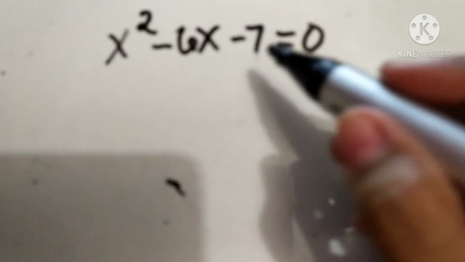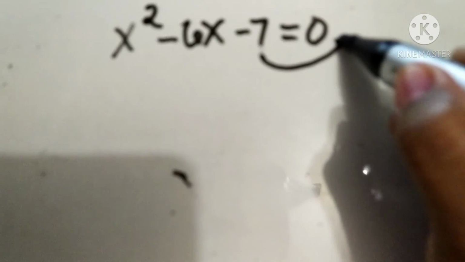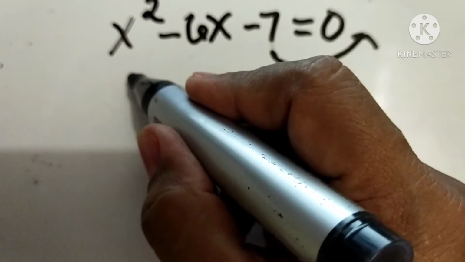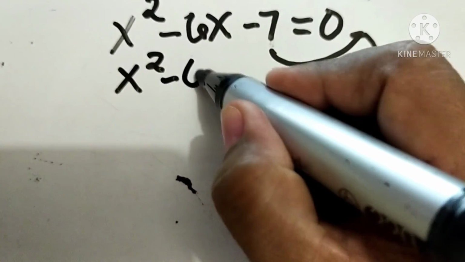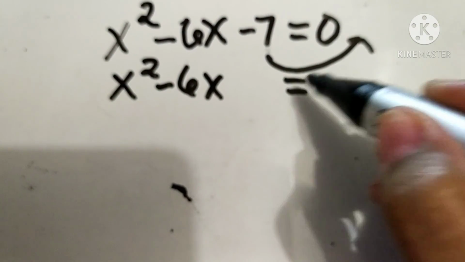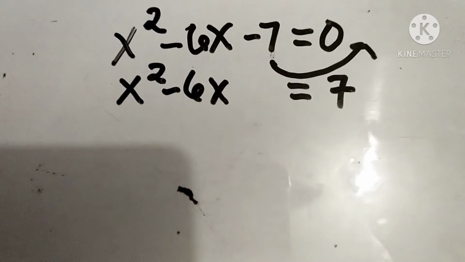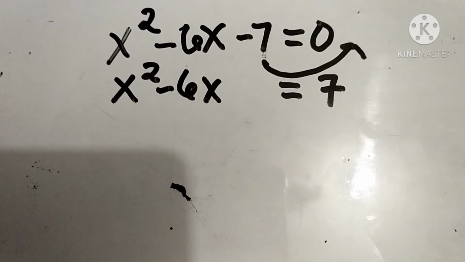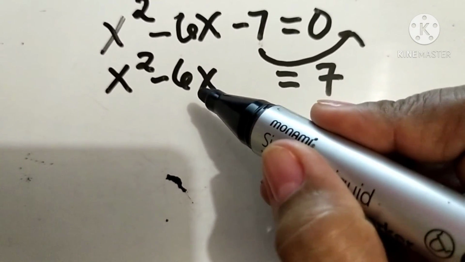Okay, so first step, transpose the negative 7 on the other side. So that will become x squared minus 6x equal positive 7. So ganyan lang. So what will you do next? I mean, use completing the square.